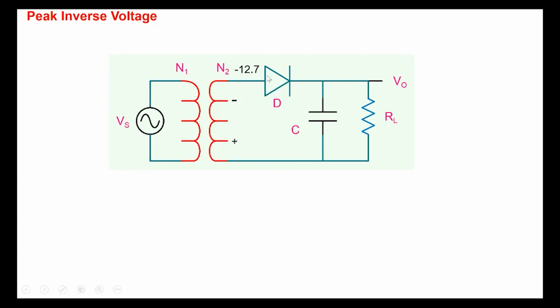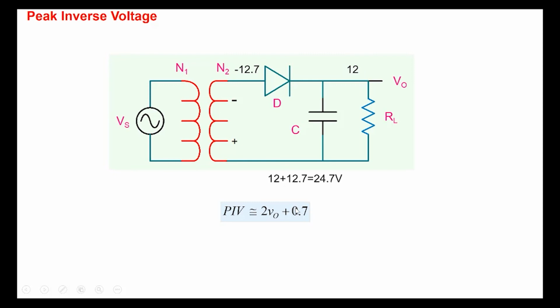The diode is reverse biased, but the output voltage is close to 12, right? Output voltage has a certain small amount of ripple, but close to 12. So the net reverse bias on the diode here will be equal to 12 plus 12.7, so 24.7. So the peak inverse voltage here will be equal to twice V0 plus about 0.7 here. Twice V0, 12 plus 12, so that's 2 V0, plus the diode drop here, 0.7.